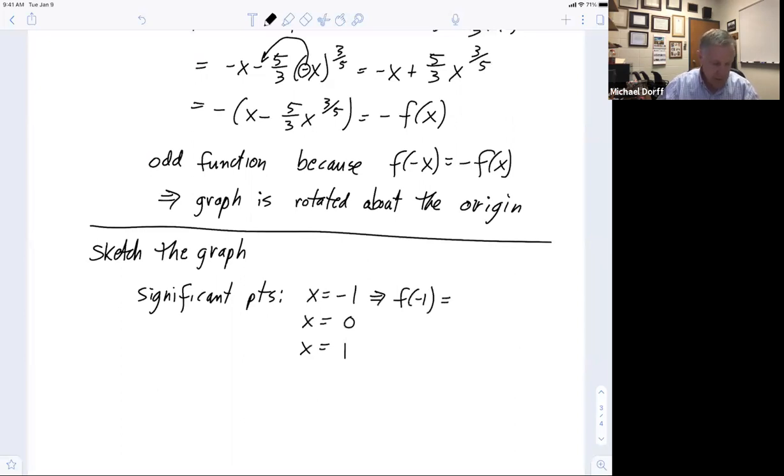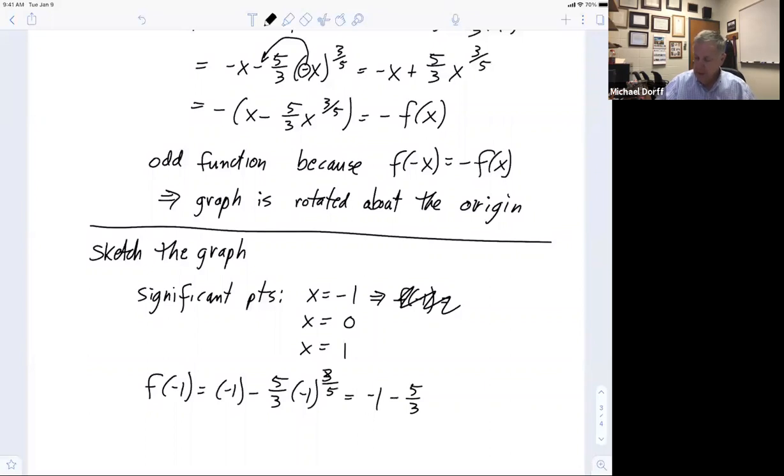When x is -1, f of -1 is going to be -1 minus 5/3 times -1 to the 3/5 power. Now, when I take -1 to the 3/5 power, that's the same thing as just -1.